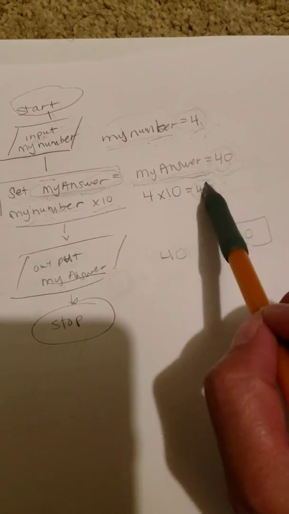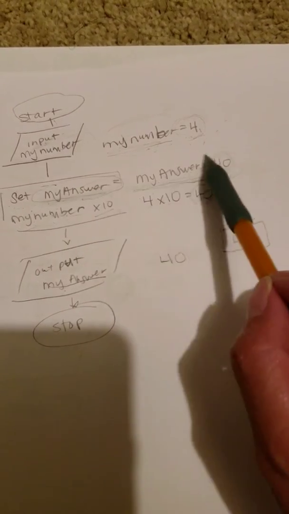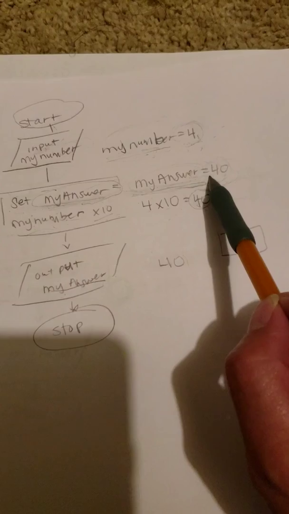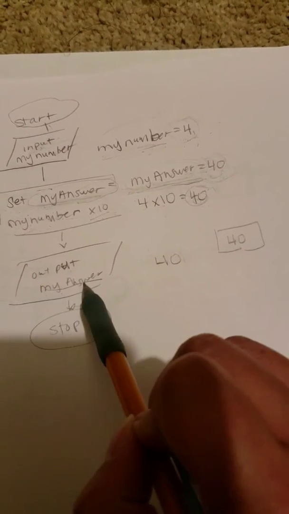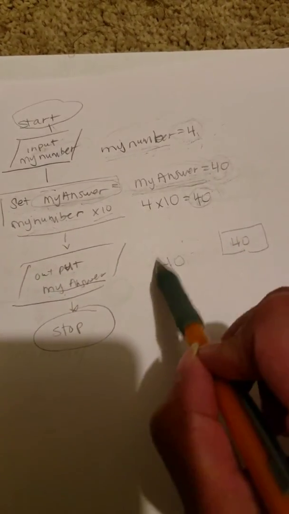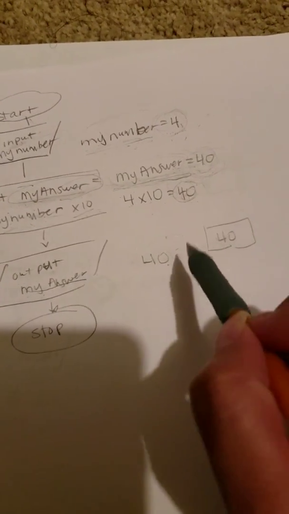And when you get the 40 as the result, it's saying to save that 40 as my answer, okay? And then at the end it says output my answer, it means to print it out to the computer screen. And because my answer is equal to 40, you print 40. And that is what it's saying.